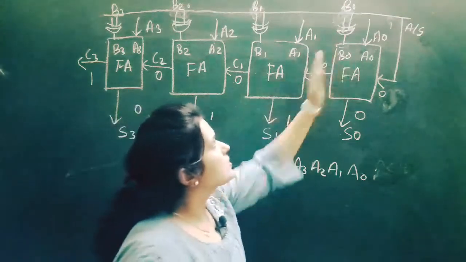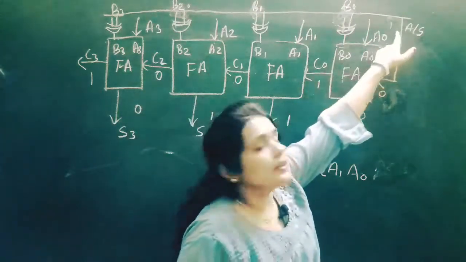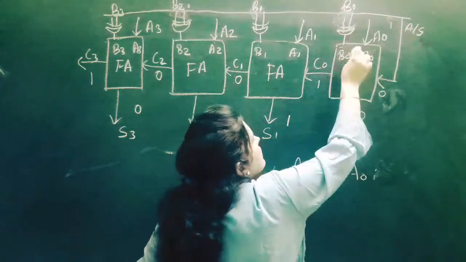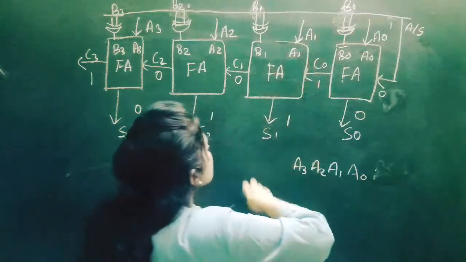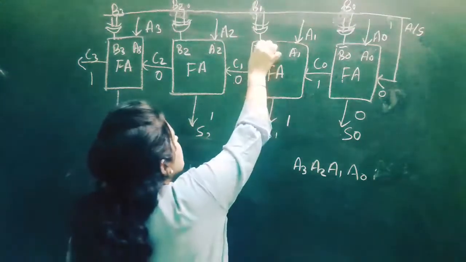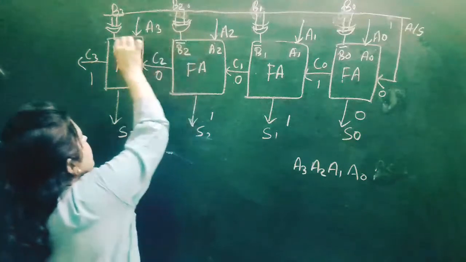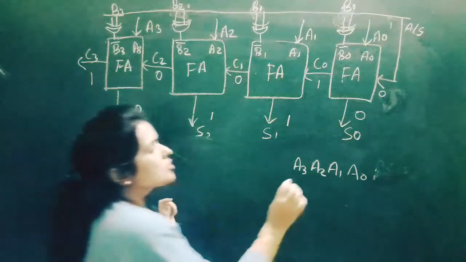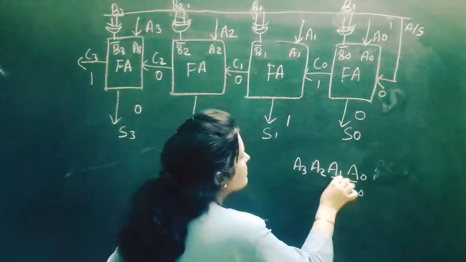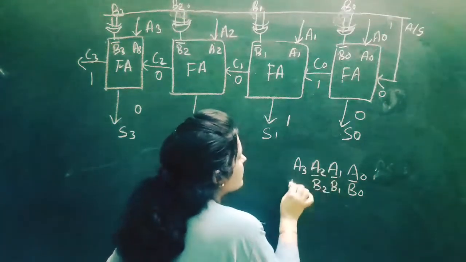Because this signal is equal to 1, B0 XOR 1 will be the complement of B0, B1 XOR 1 will be the complement of B1, here we will get B2's complement, and here B3's complement. So our second inputs will be B0's complement, B1's complement, B2's complement and B3's complement.